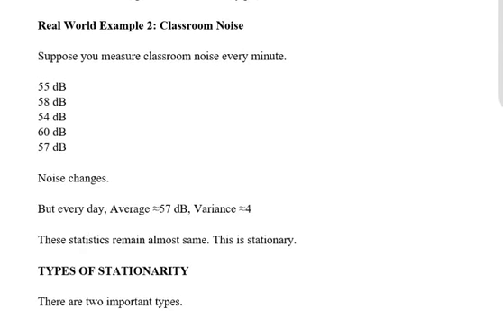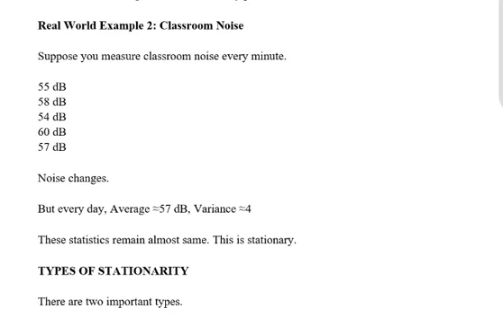You can also have another example, the noise in a classroom. Suppose today I'm measuring the noise in a classroom when the teacher is not available; you're going to be rowdy, right? So that noise is going to be 55 decibels, 58 decibels, 54 decibels, 60 decibels, and 57 decibels.